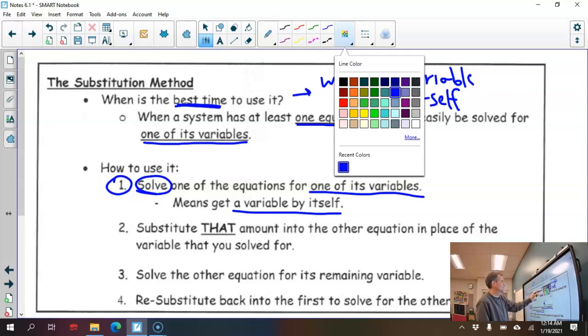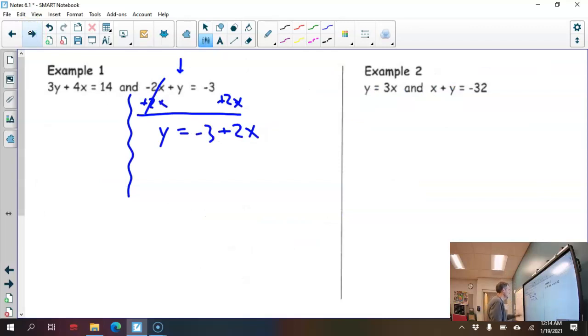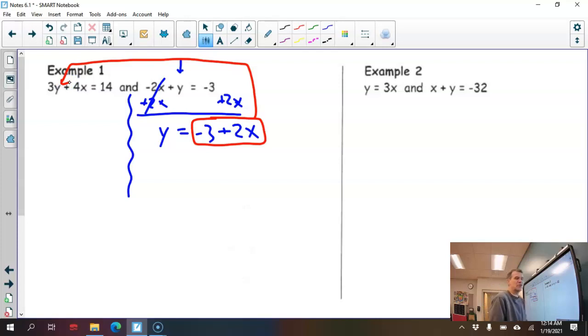All right, here comes the big step. Step 2 is the big step. It is to substitute the amount we just got into the other equation in place of the variable you solved for. Let me show you that. Y is equal to -3 plus 2x. I'm allowed to take that and substitute it into the other equation in place of the y, because it's what y equals.